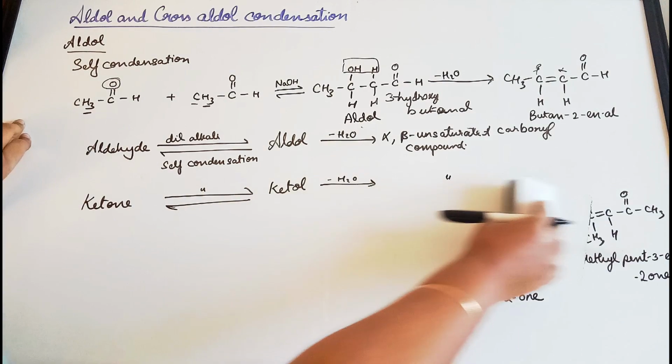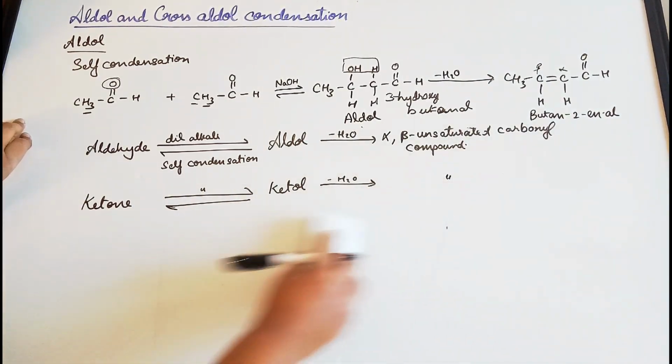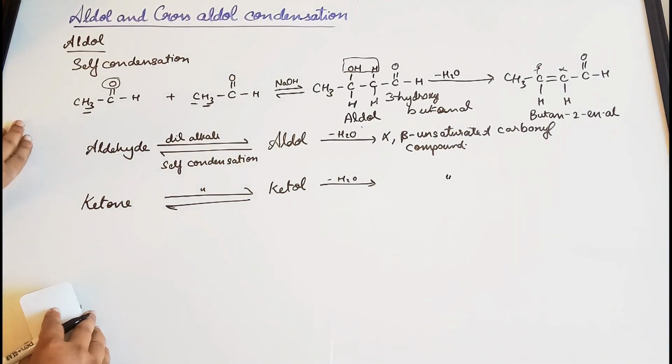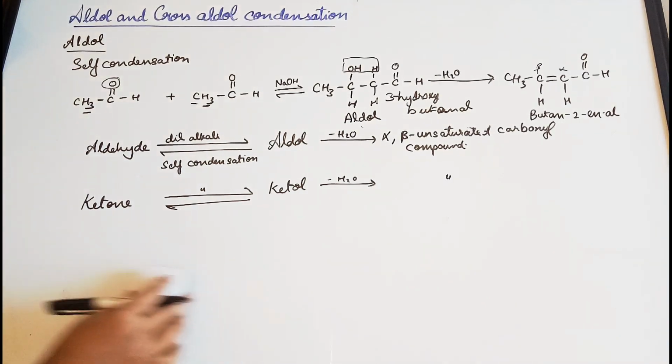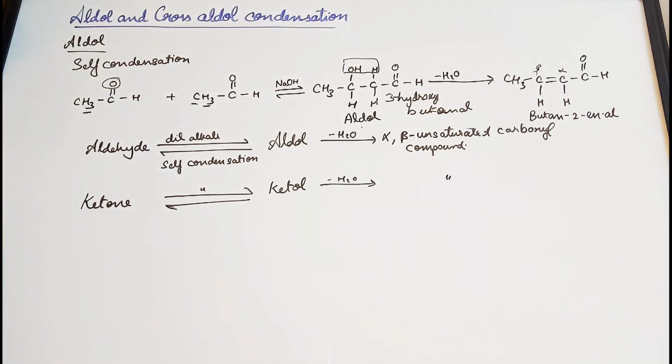So cross aldol condensation is going to be between two different aldehydes or ketones. So this will lead to the formation of 4 products. So let's look at it. Let's take an example. If both the reactants consist of an alpha hydrogen, we will get 4 products.